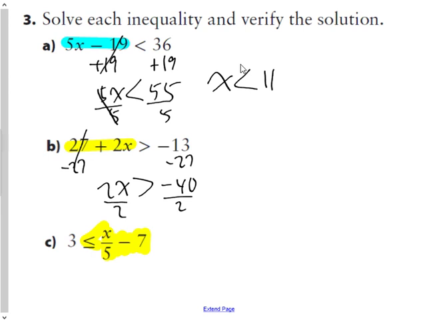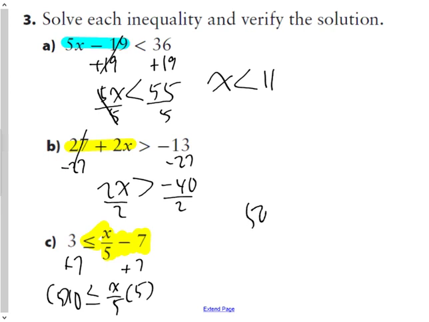So all I do is read it backwards, keeping in mind that if the inequality sign is consuming or eating the expression I just read, then I read it as greater than. So I'm going to isolate the variable by adding 7. 10 is less than or equal to a fifth of x. I'm going to multiply both sides by 5.